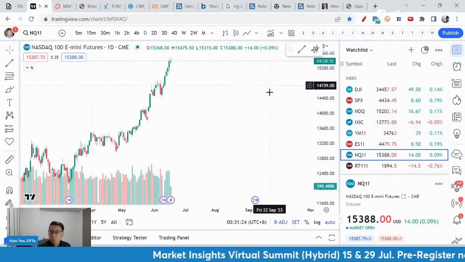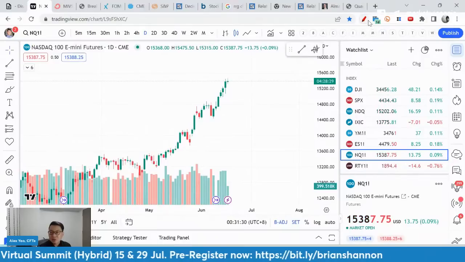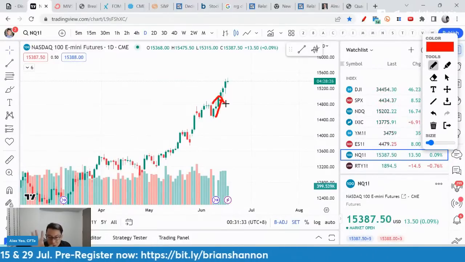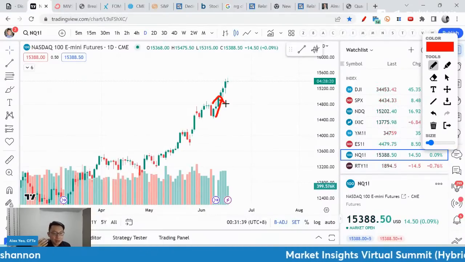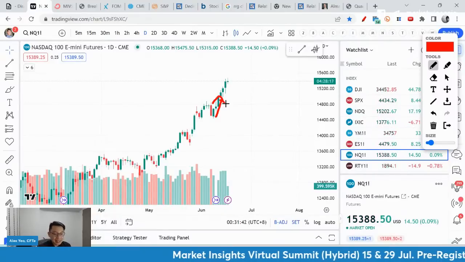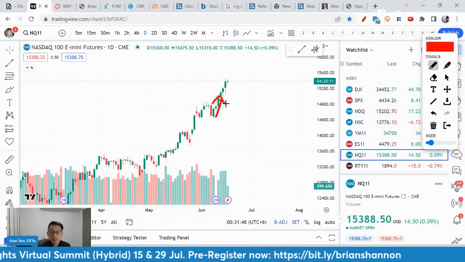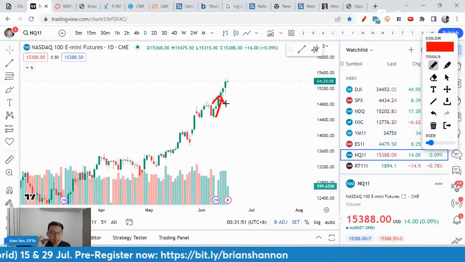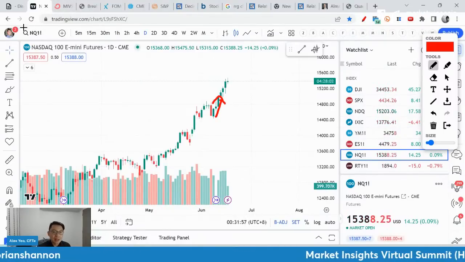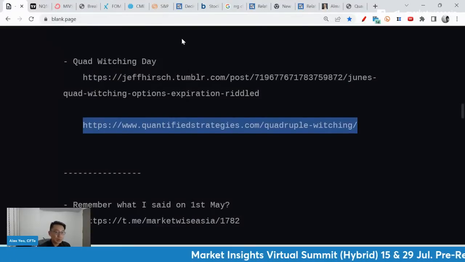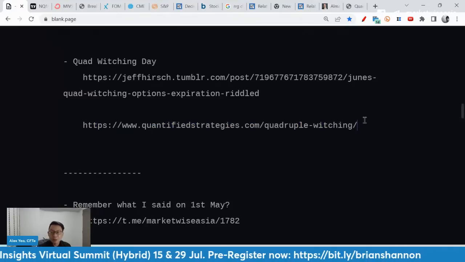As I mentioned, during OPEX weeks, before the options expiry, the market tends to move a little higher, because a lot of people are trading the options, and somehow the options market influences the index itself. Options are derivatives, but somehow they have grown so big that they tend to affect the main index. I don't know whether I can explain that simply, but I try to, because there are a lot of moving parts.